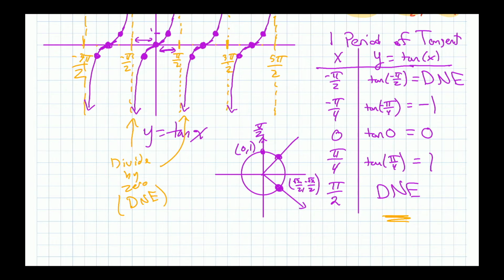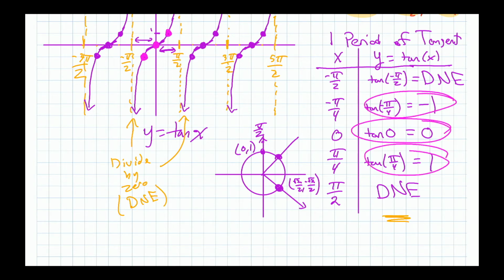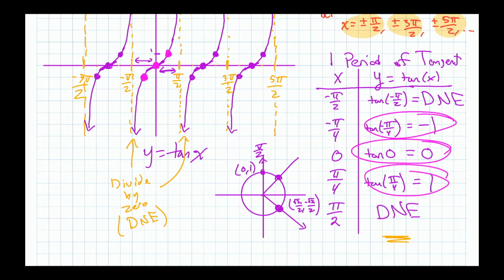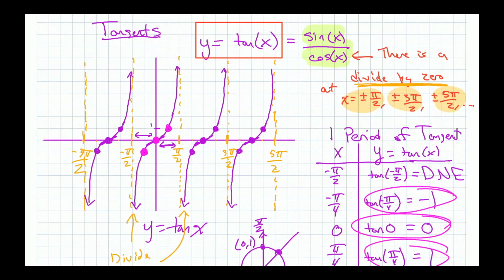Well, I mean there's more than 3, but the 3 that we want to get in the right place are these 3, right? And those are this one, and this one. And so really, if you think about it, if you know where the asymptotes are and you get those 3 points in the right place, then don't you have a graph of a tangent? You do. So it's really pretty straightforward.